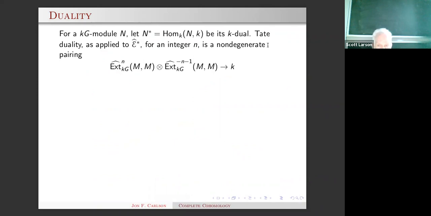I'm not clear exactly how Tate originally defined this, but it's been generalized several times. And the way it works out for us is that it's a non-degenerate pairing of X^n with X^{-n-1}. So the sum of the degrees is -1. Okay, and it is a non-degenerate pairing. That takes some proof, of course, but there is such a thing.